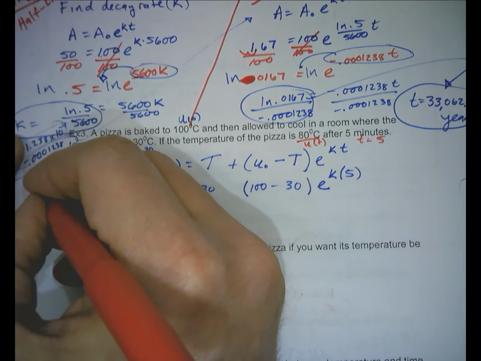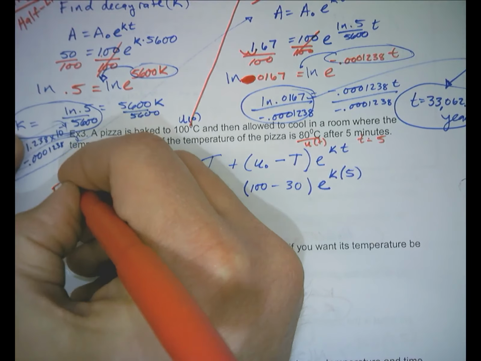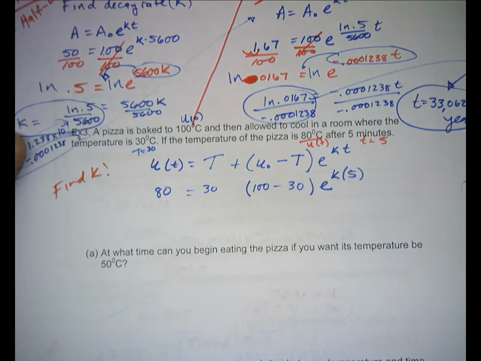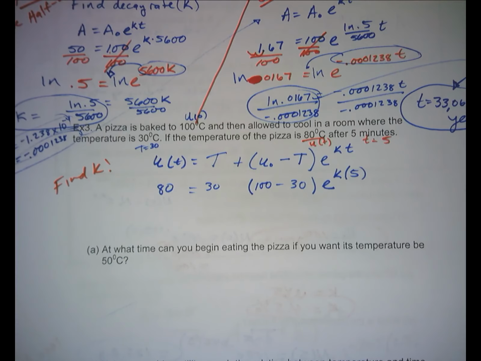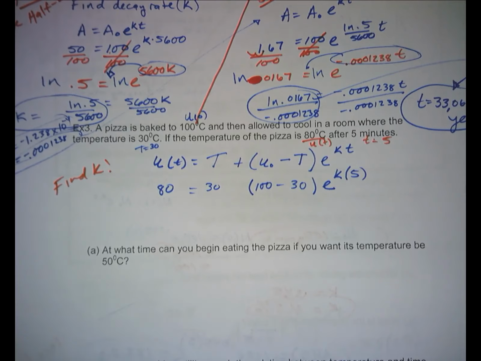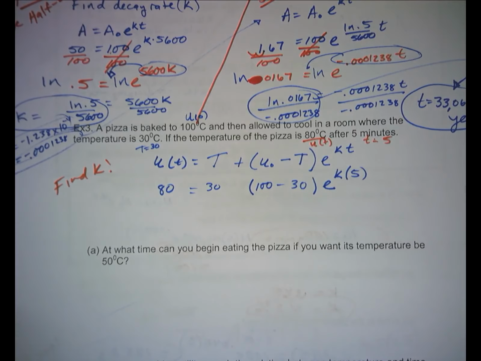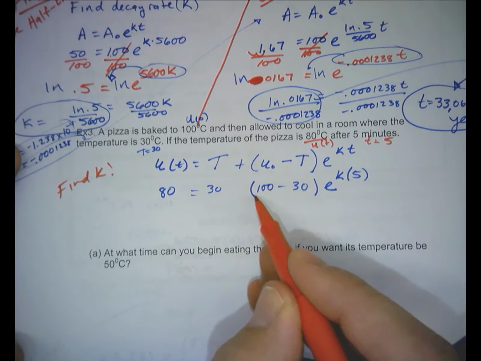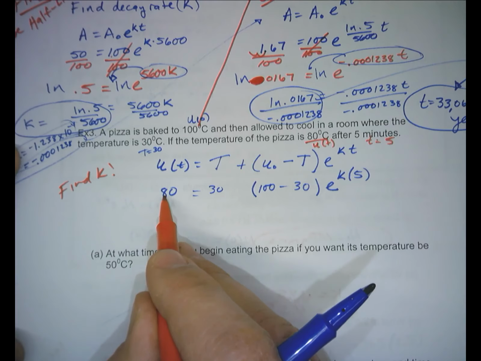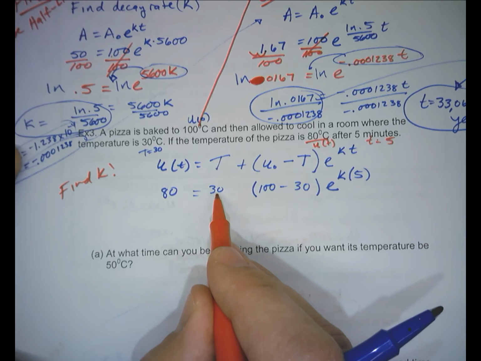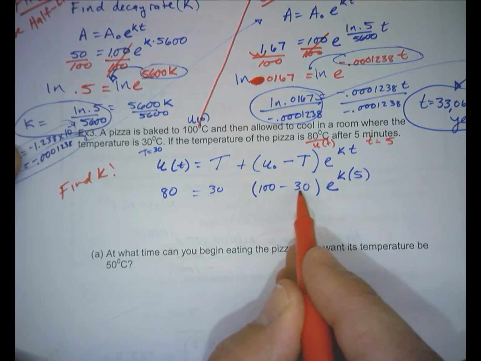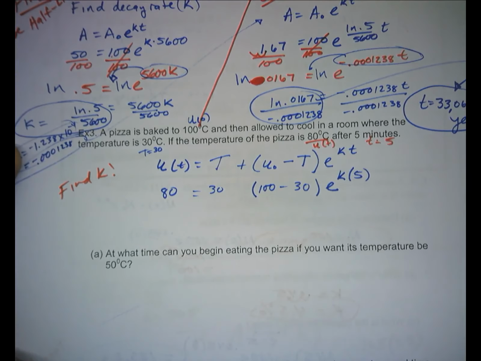So this is very similar to our last example. We've got to find K, which is our cooling rate for this room temperature. So we go through, we do a little simplifying. Any questions on my setup? This is the temperature of the pizza after 5 minutes, surrounding room temp. Again, this is in Celsius, so we must be in Europe.